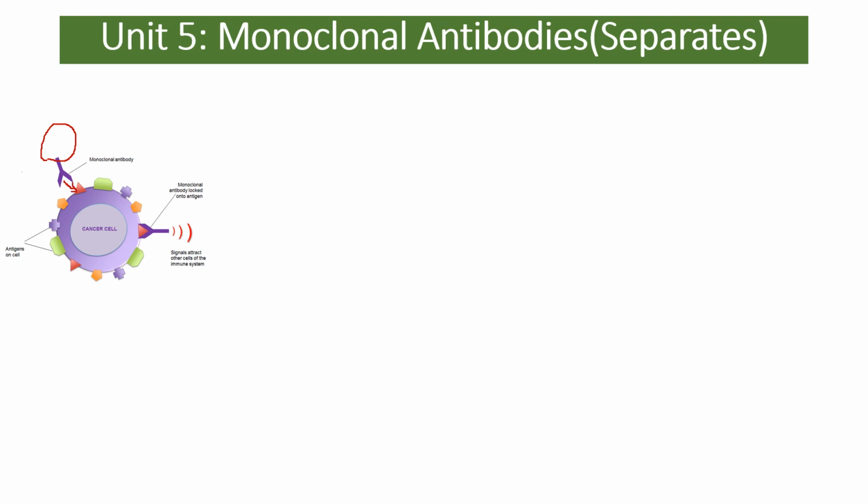That will then only bind to cancer cells, and we could attach the drugs that are used in chemotherapy to those monoclonal antibodies. And because they only attach to the cancer cells, those drugs used in chemotherapy would therefore only damage the cancer cells and not the rest of the cells in your body, which current cancer treatments can do.